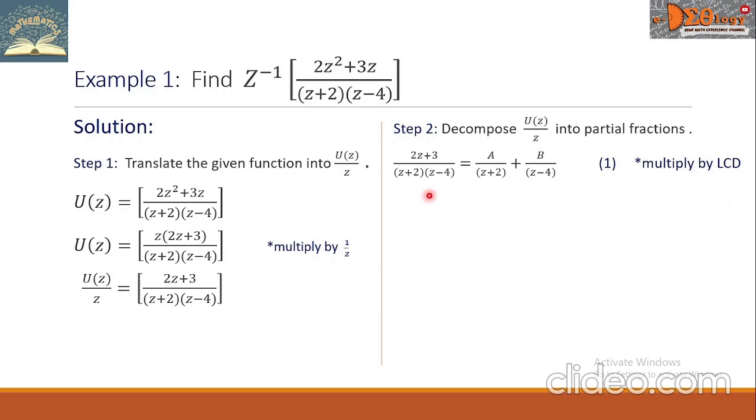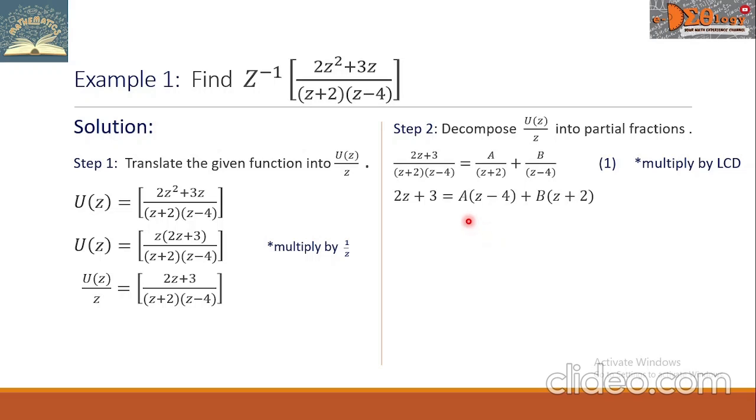Remember that the LCD here is the denominator of the fraction on the left side. Multiplying by LCD, the resulting equation is here. 2Z plus 3 equals A times Z minus 4 plus B times the quantity Z plus 2.